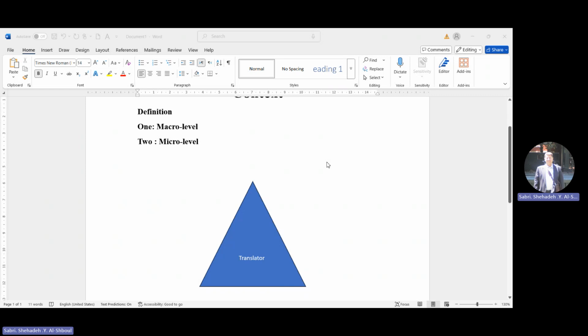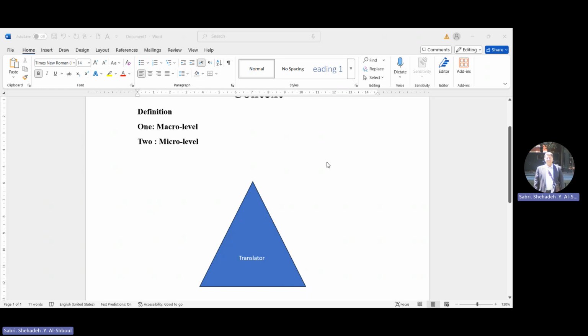In fact, translation equivalence is a correlative of context, although one may discuss it from a theoretical perspective in isolation of context. We can say that there are two sorts of context.